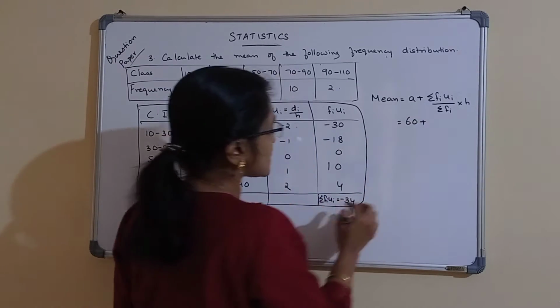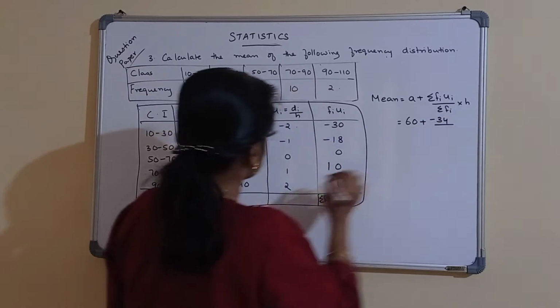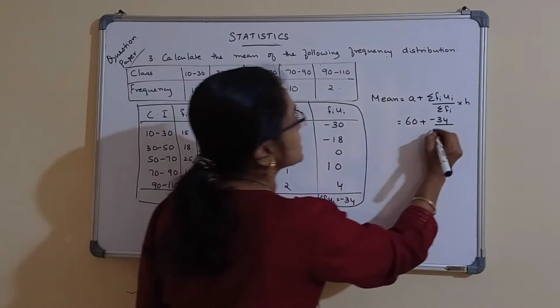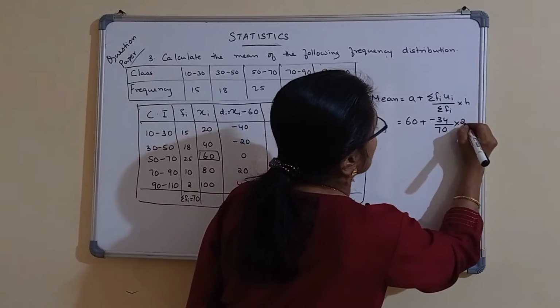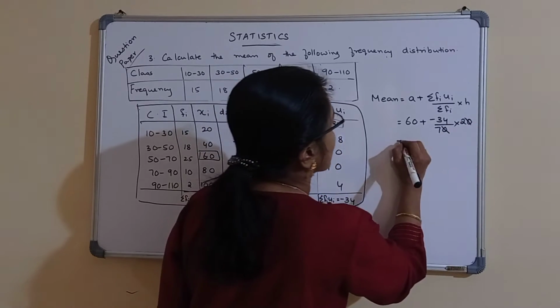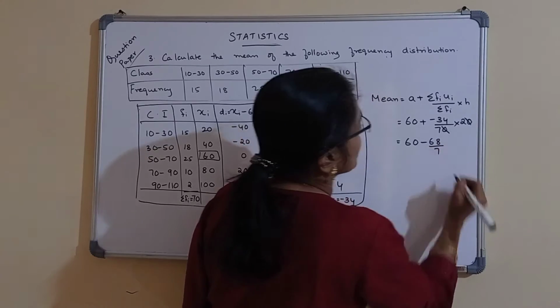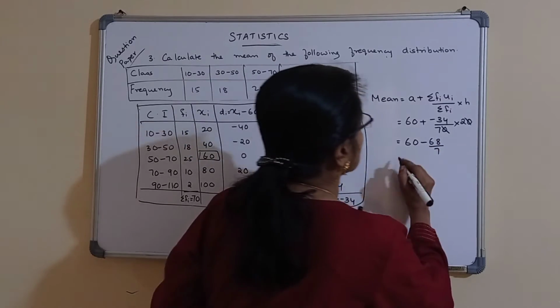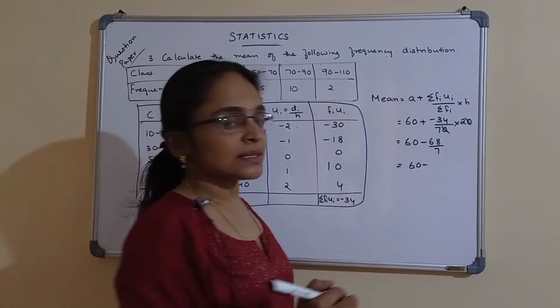So 60 plus sigma fi ui, which is minus 34, by sigma fi, which is 70, and h is the class interval, which is 20. Now this 0 and 0 will get cancelled and we will get this as 60 minus 68 by 7.